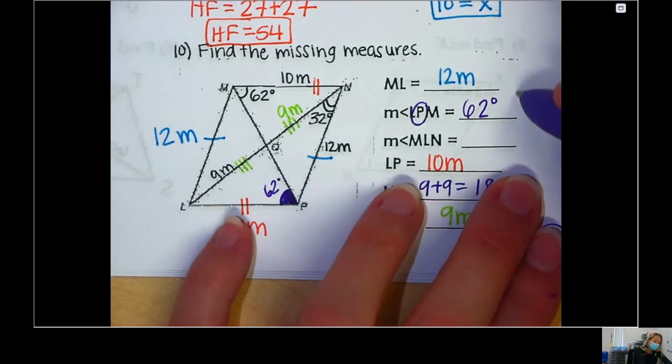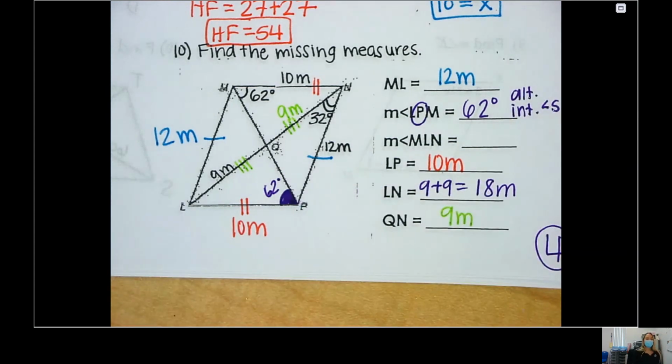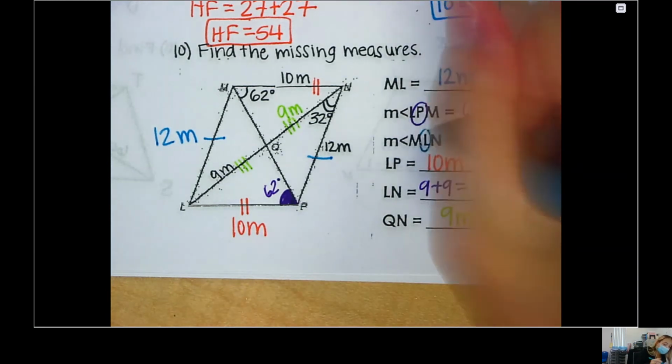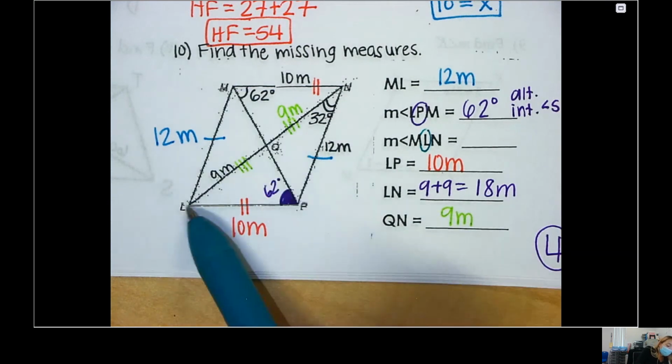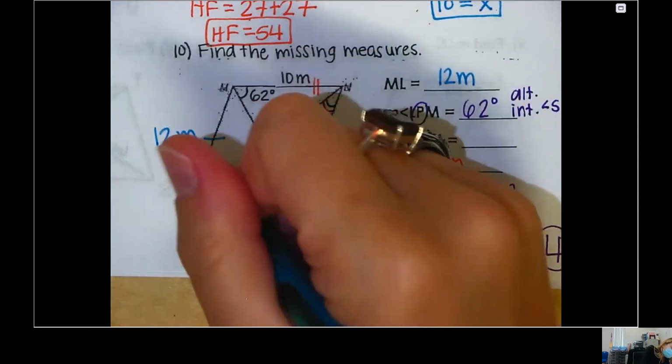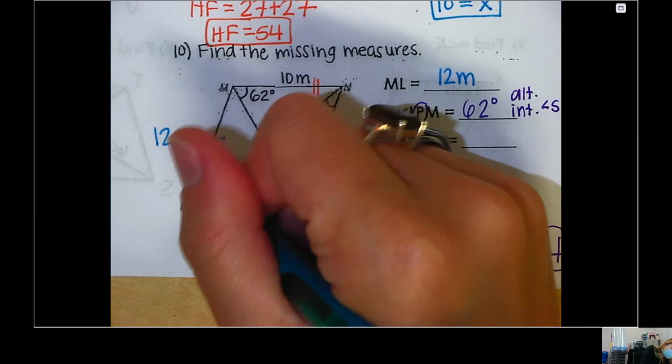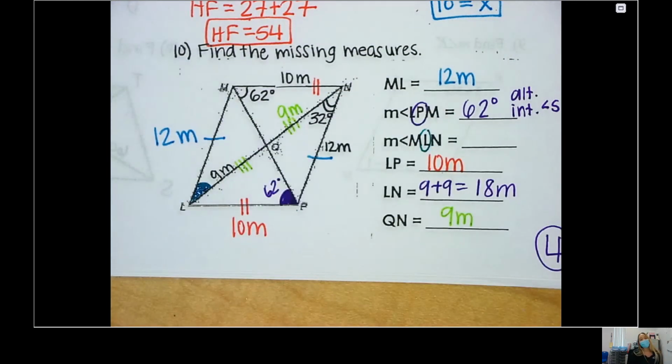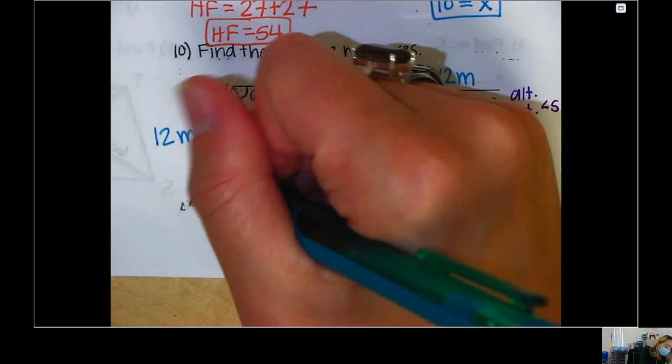And right next to it, I'm going to put alternate interior angles. Okay, last one is angle MLN. So you're really looking at angle L. MLN is this angle right here. If you had to make a guess, which one does it look like? The 32. Very good. This one's also 32.